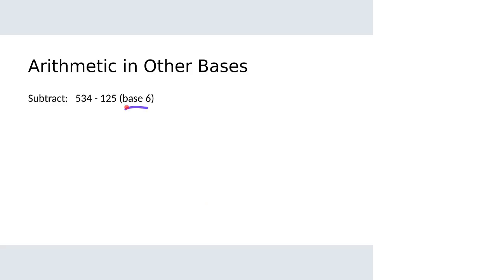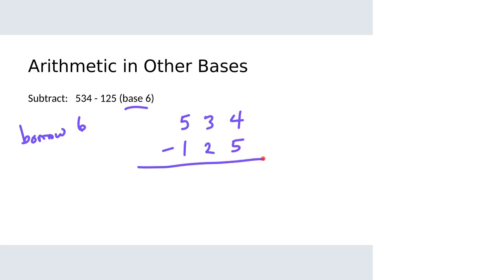Subtraction. Now we're in base 6. A key here is if we're going to borrow, we're not going to borrow 10, we're going to borrow 6. So if I want to do 534 minus 125 in the base 6 system, I'll start by trying to subtract there in the 1's place. Now 4 minus 5, I can't do that. So I'm going to need to borrow.